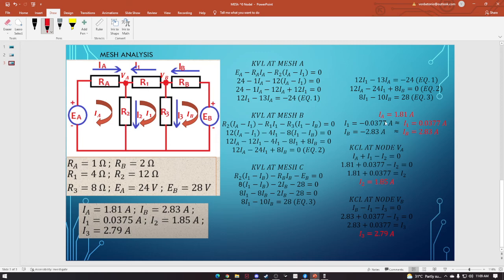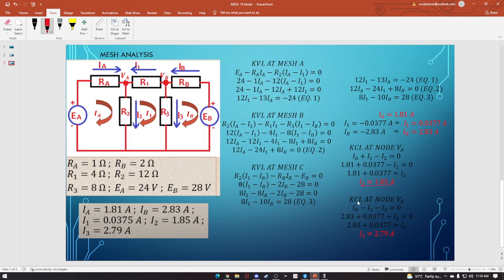So input the value of IA. IA is 1.881 plus 0.0377 minus I2. So transpose the I2. So I2 is equal to 1.85 ampere.